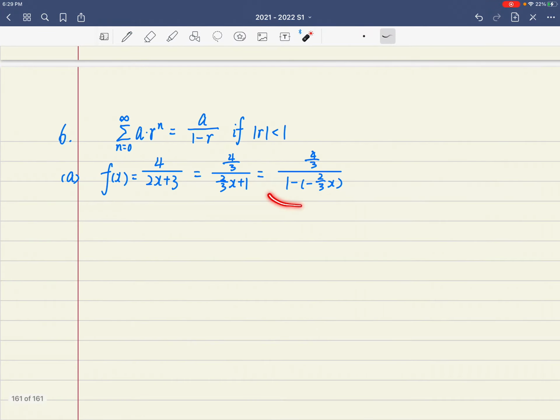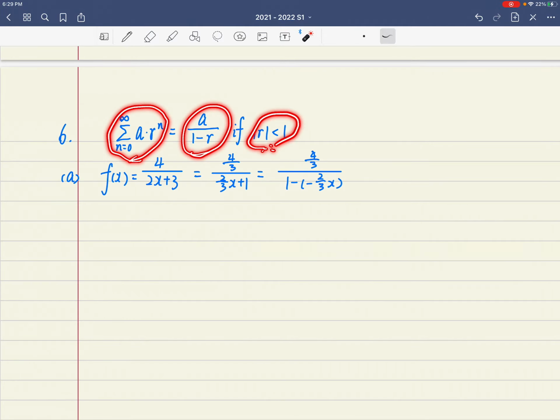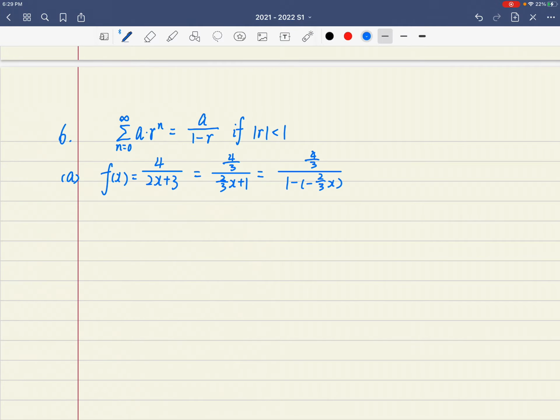Okay? So now you can see this is exactly the infinite sum of a geometric series, right? This fraction is equal to this infinite sum if and only if the absolute value of r is smaller than 1, right? So now this is your r, and this is your a.